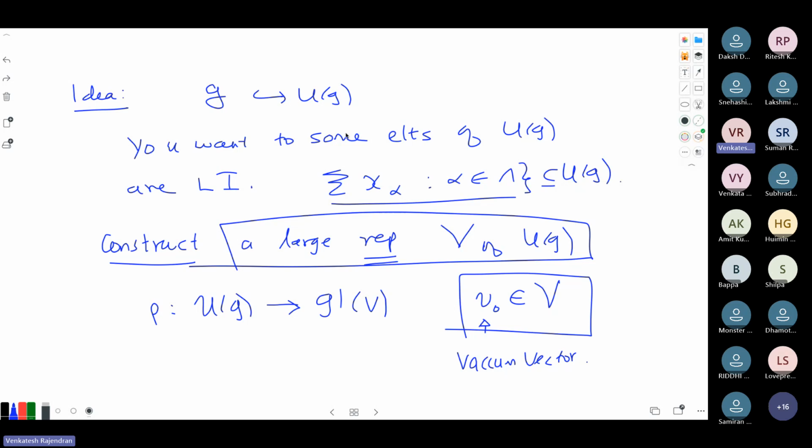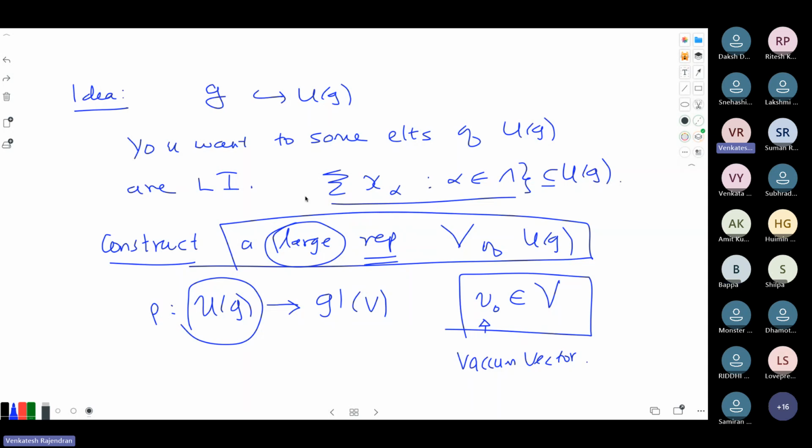But it is not always easy. I have a question. What do you mean by large representation? Not infinite dimensional, because you are looking at UG, which is already an infinite dimensional algebra? Yes.